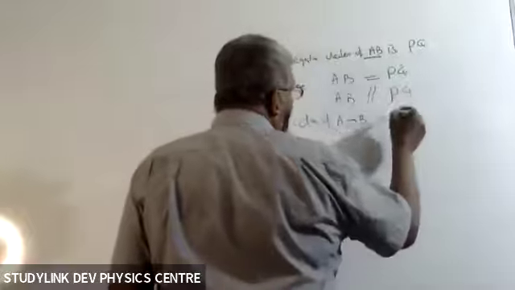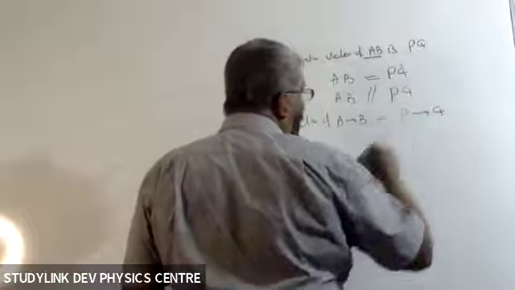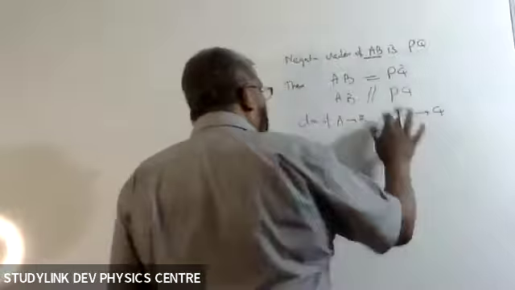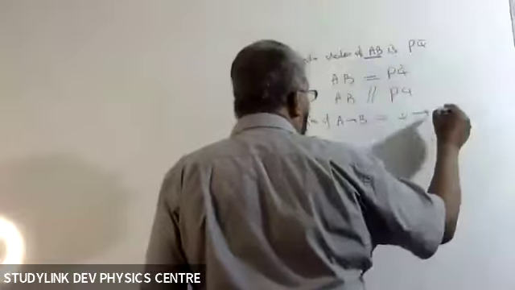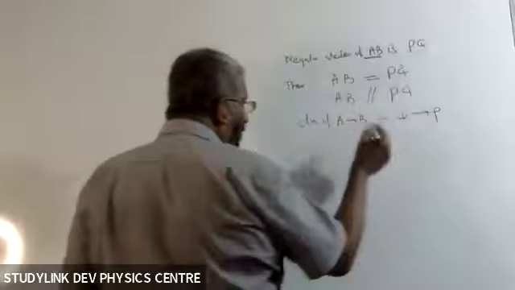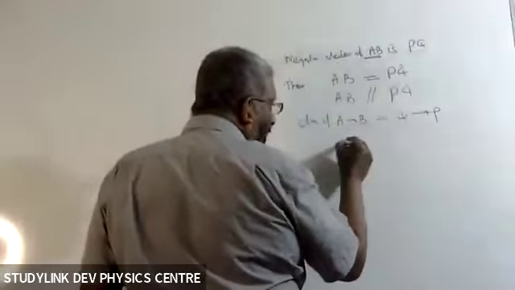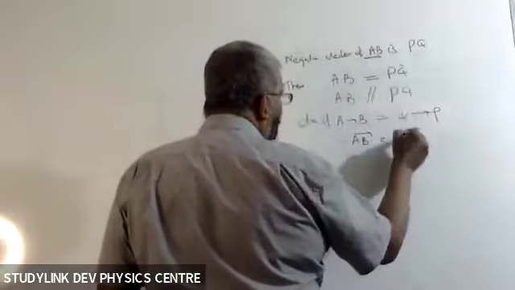That means, don't write P to Q. It cannot be P to Q. Then it should be Q to P. Then minus AB is equal to PQ.